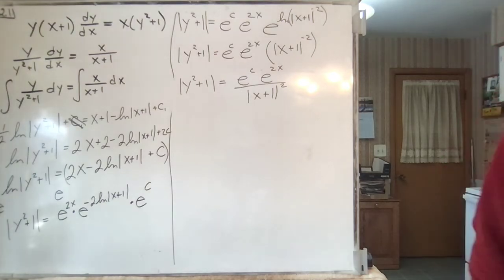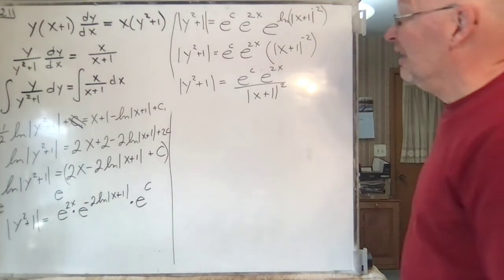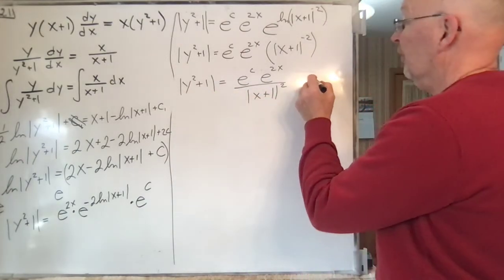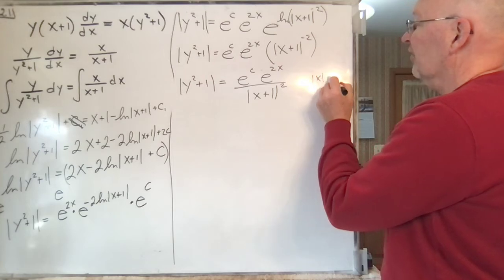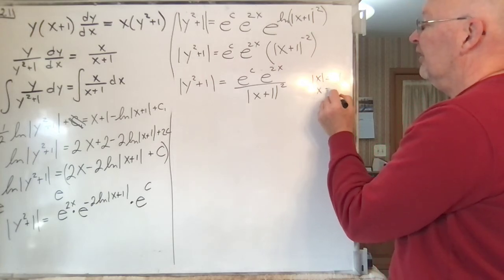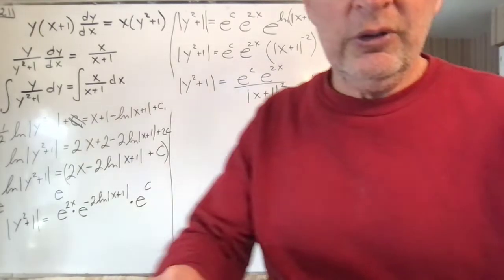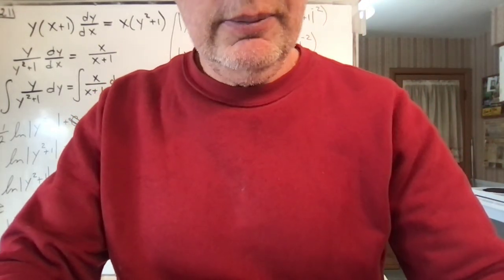Okay, we're almost done. Now you can get rid of the absolute value. Remember, if the absolute value of x is equal to 4, that means that x is either equal to plus or minus 4. Agreed?